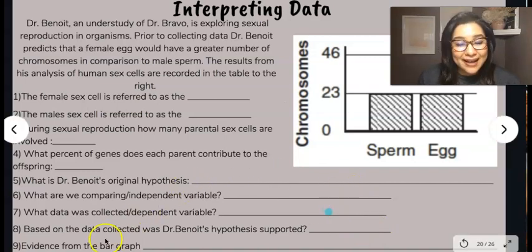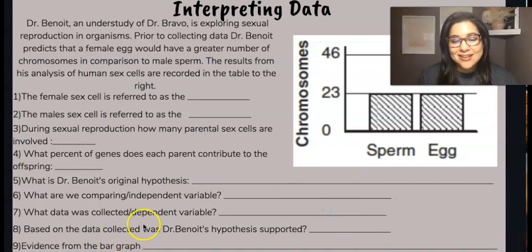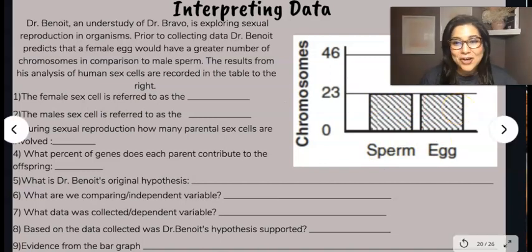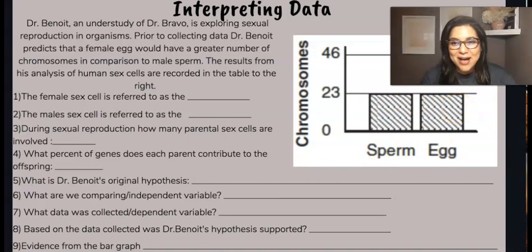And for number 9, our evidence for that is that both sperm and egg contribute the same number of chromosomes, 23 each.